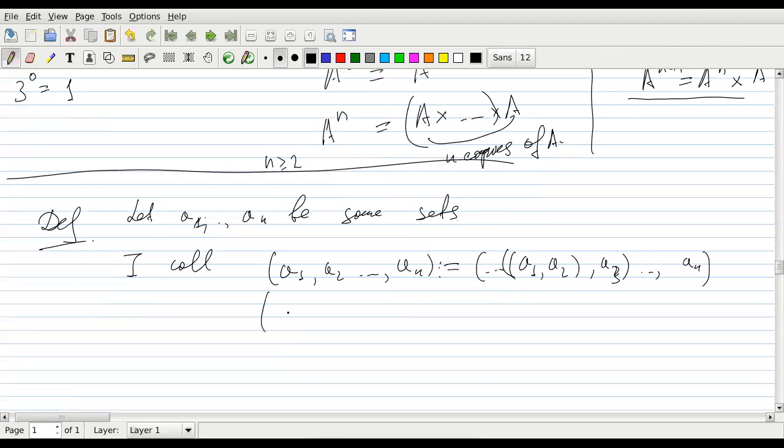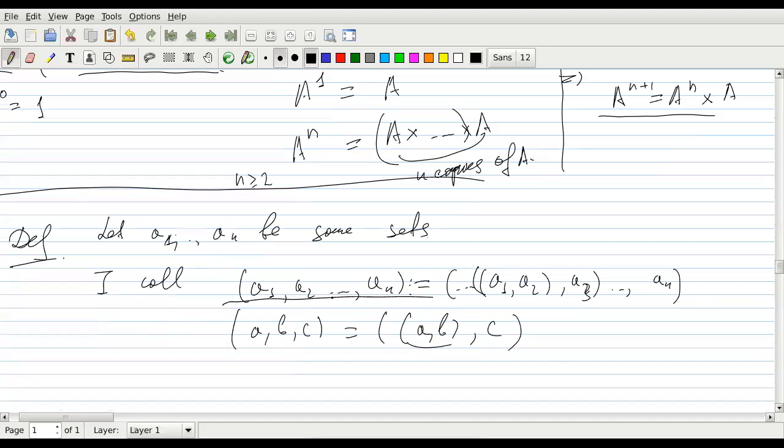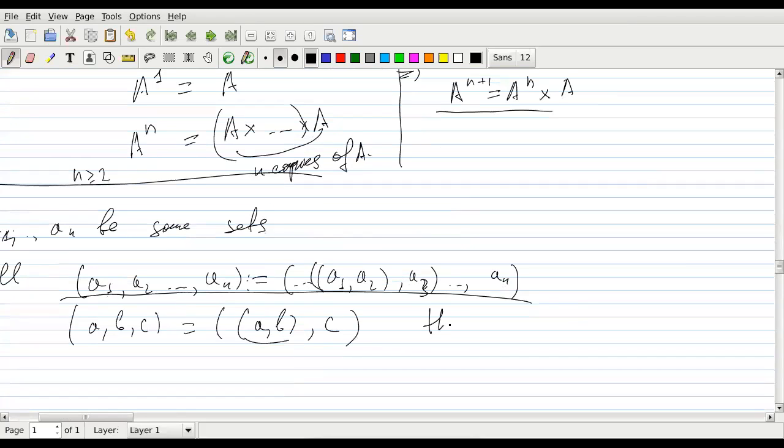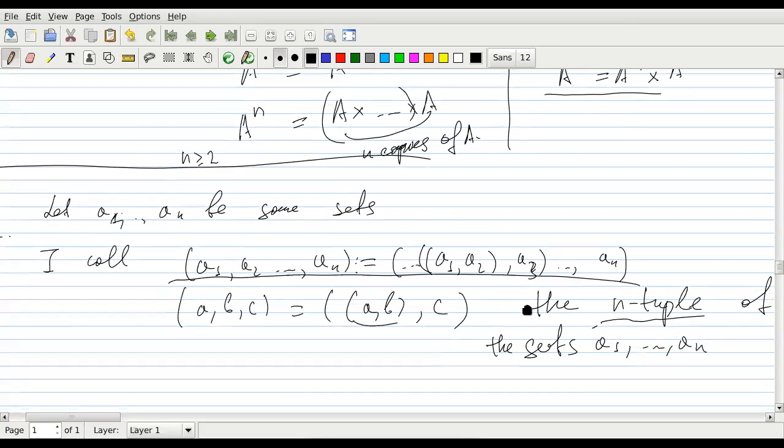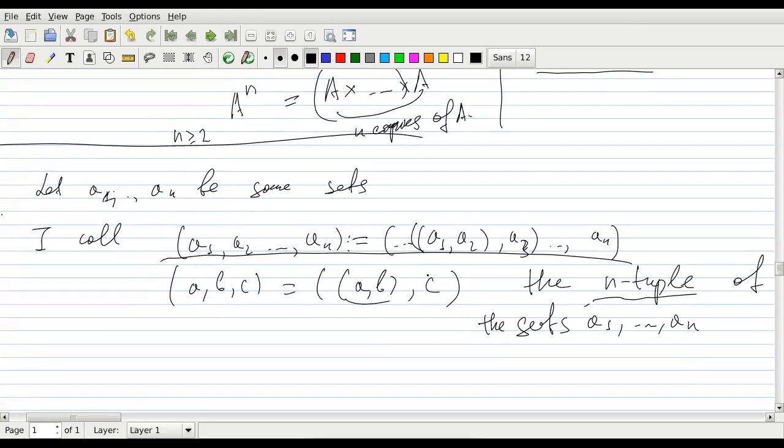For example, A, B, C is just the pair of the first two and C. I call this one the n-tuple of A1 through AN, of these sets. Is the meaning of this thing clear?